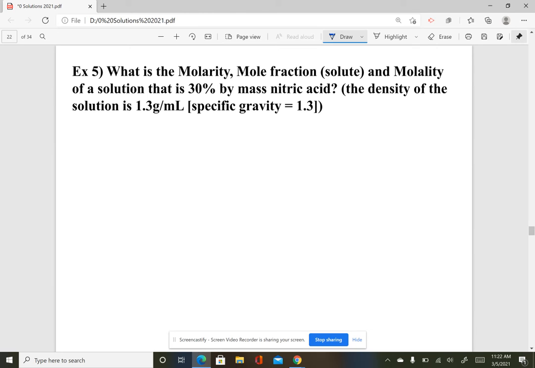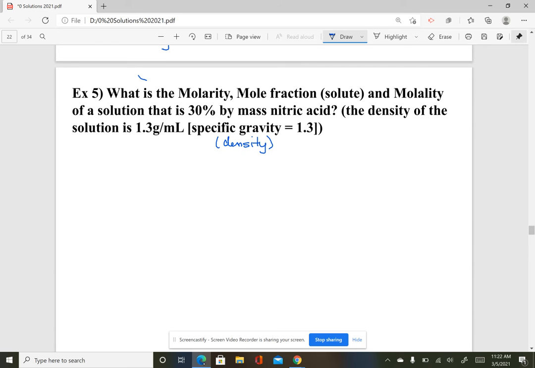So whenever they give you the specific gravity or the density, you always want to assume. I'm going to write this on the top so that you guys can see it. You need to make an assumption here. We need to assume 1,000 milliliters of solution.